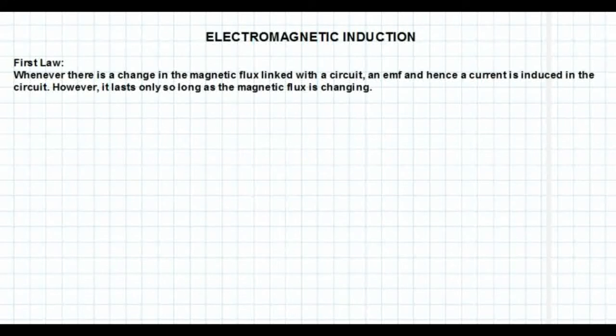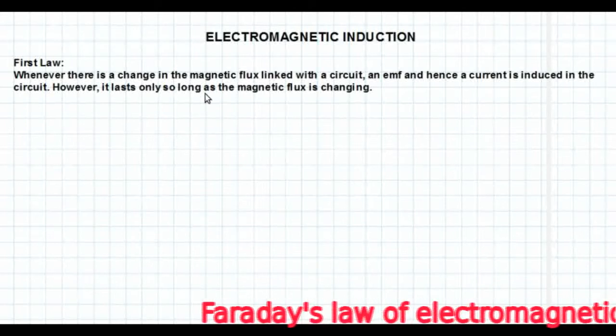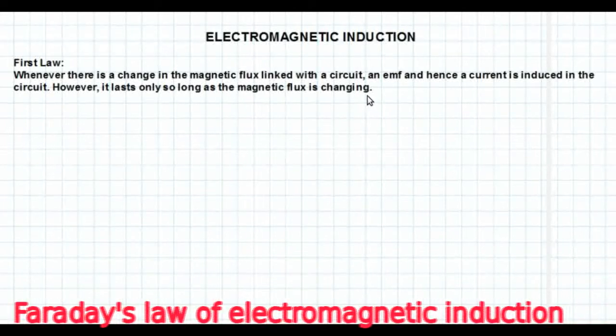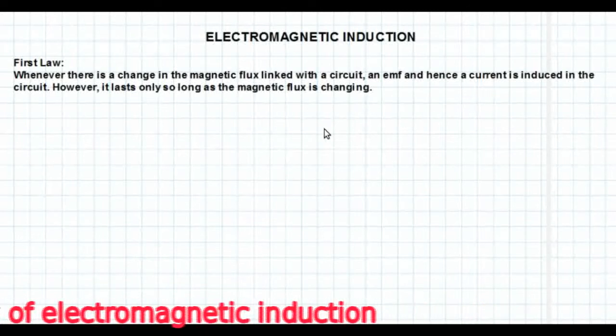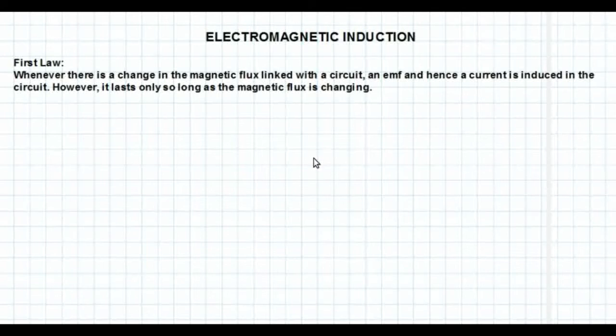The first law is, whenever there is a change in the magnetic flux linked with the circuit, an EMF and hence a current is induced in the circuit, and this current lasts only so long as the magnetic flux is changing. And there is one more point, the current so produced is called induced current. So that is the first law of Faraday's law of electromagnetic induction.